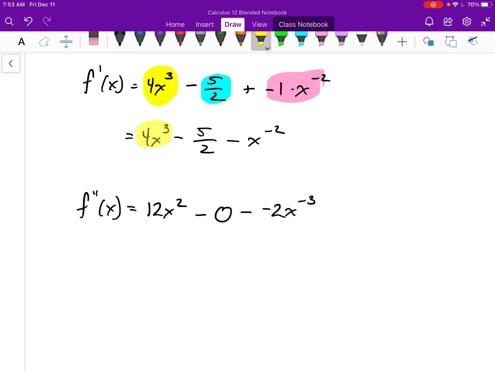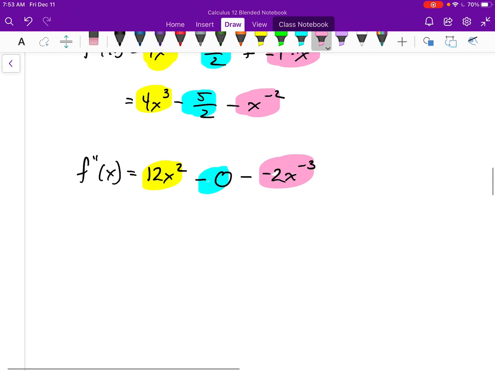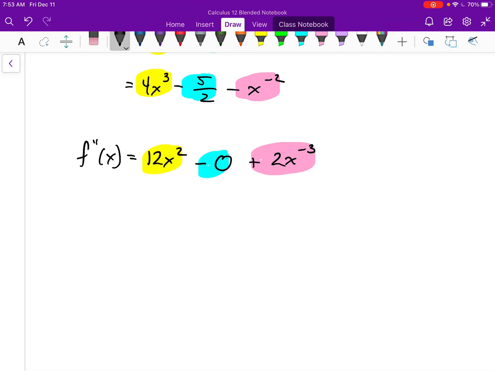Maybe I'll highlight how all these are changing as I go from one derivative to the next. And keep in mind, I'm subtracting a negative, so I'll change that to a plus. All right, that's my second derivative done.